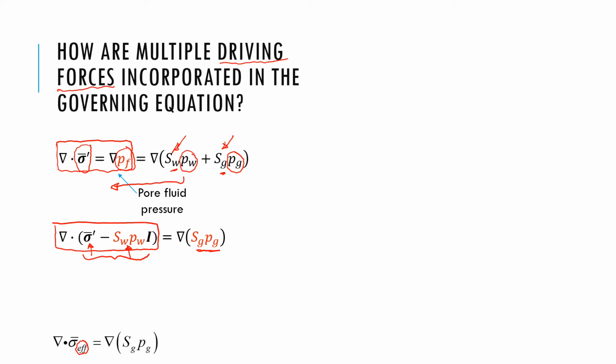It was already averaged and it was already some sort of an effective stress because it was over the effective area. But what this effective means is that it's combining the solid part with the liquid effect.